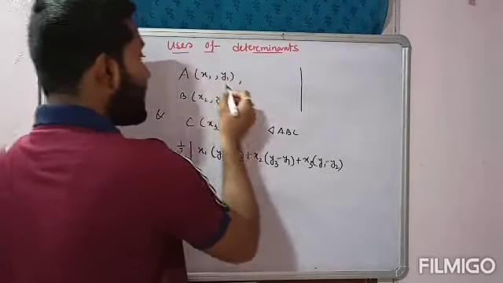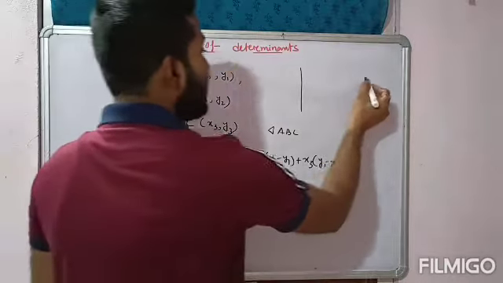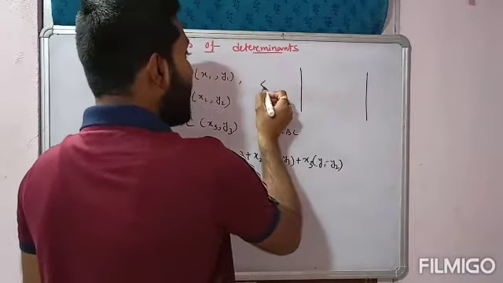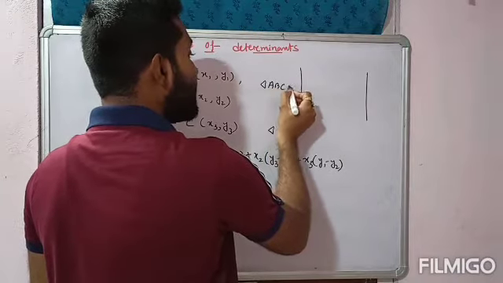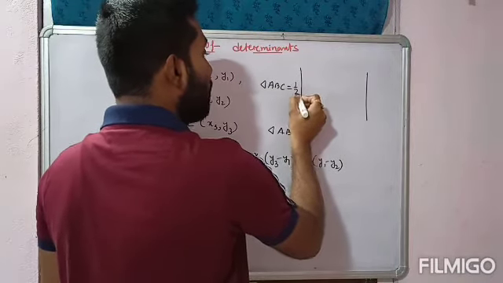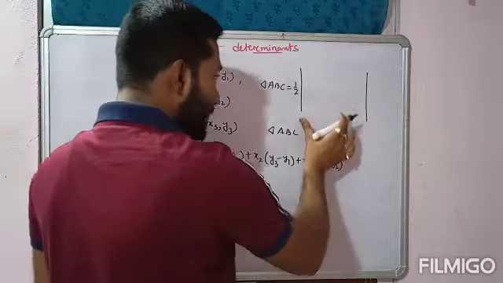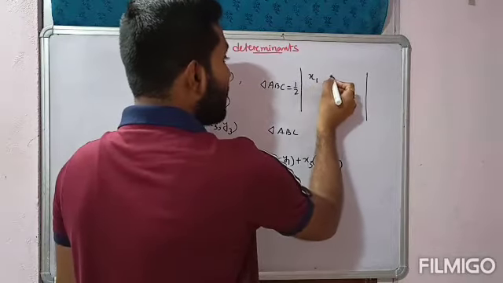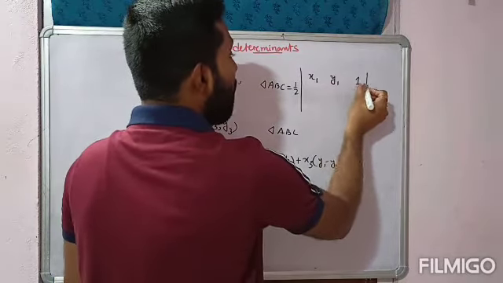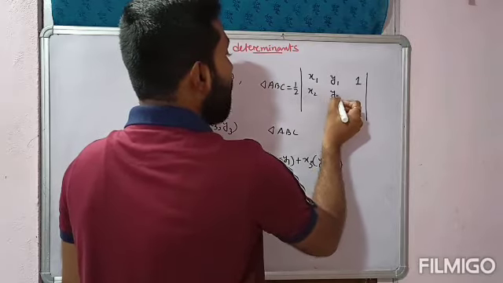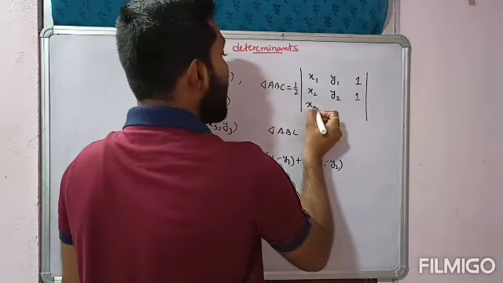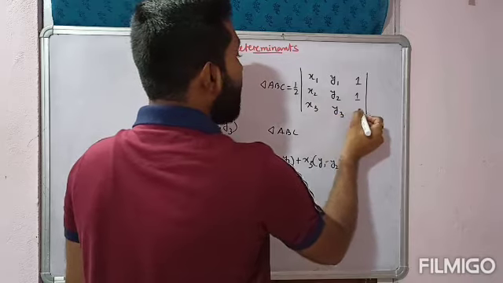Since the three vertices are A, B and C, the area of triangle ABC is equal to half of the determinant x1, y1, 1, x2, y2, 1, x3, y3, 1.